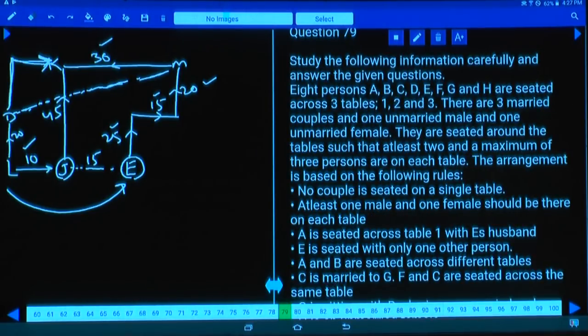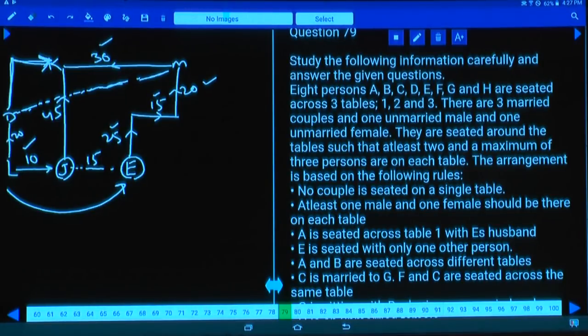Then 79 onwards, 79 to 83. In this set, 8 persons A, B, C, D, E, F, G and H are seated across 3 tables, T1, T2 and T3.